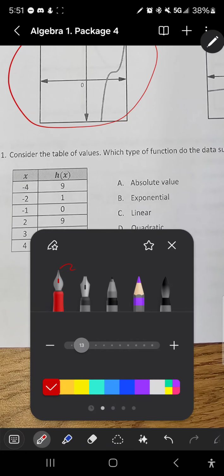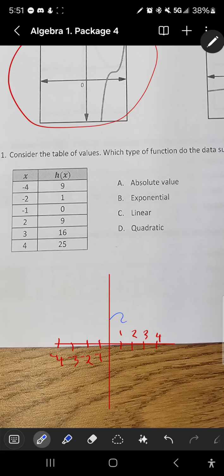Then I'm going to go from 5 to 5, so this is going to be 5, 10, 15, 20, 25 approximately. And we just continue the line.